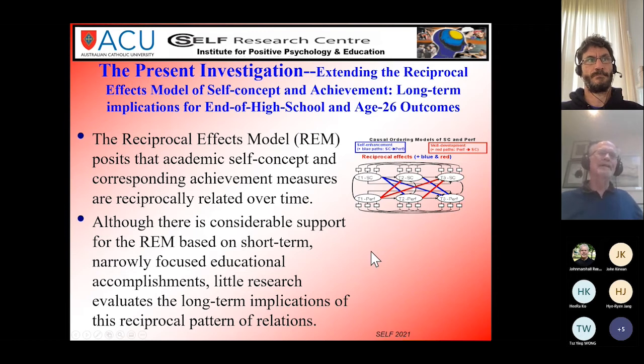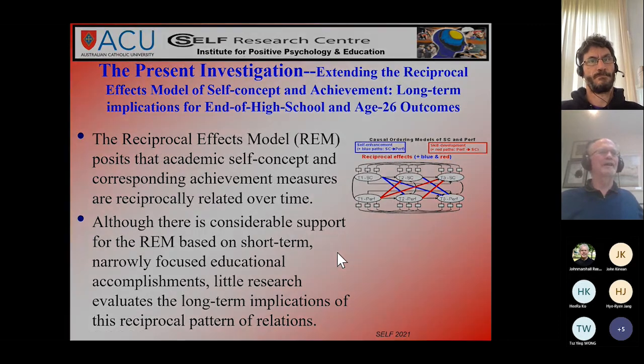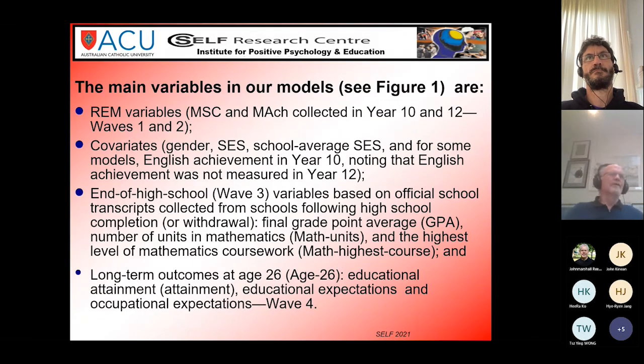But mostly the reciprocal effect model has focused almost exclusively on self-concept and achievement. And I haven't looked at some of these long-term predictions. And so that was what I wanted to use this data to do. So the main variables are the reciprocal effect model variables. That's math self-concept and math achievement collected in years 10 and 12, waves 1 and 2. There's also lots of covariates.